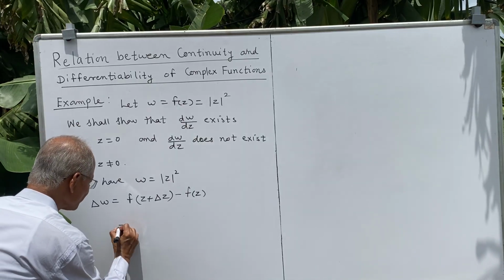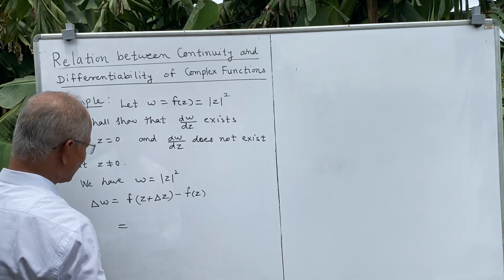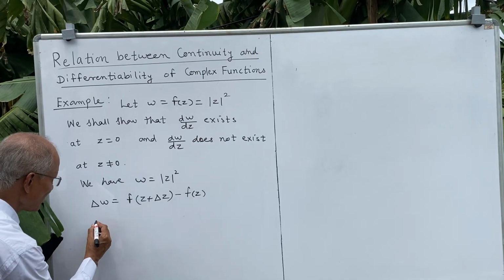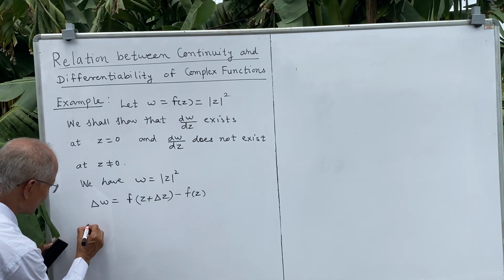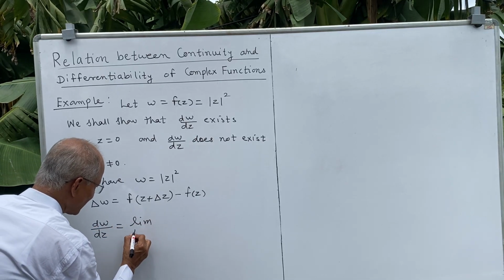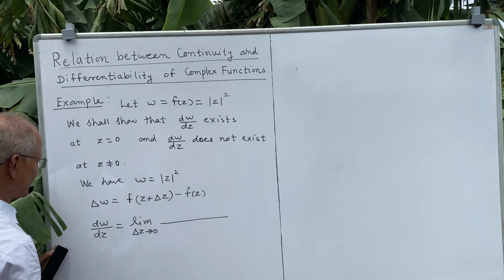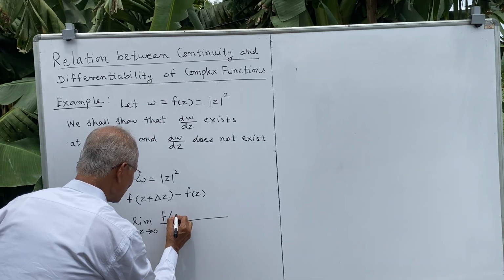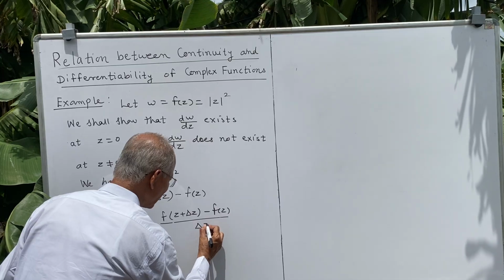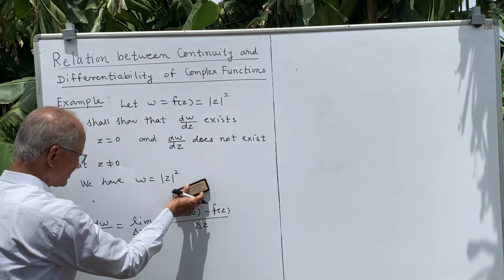Without using the delta w notation, we can directly write the derivative: dw by dz is the limit as delta z tends to 0 of f of z plus delta z minus f of z divided by delta z.